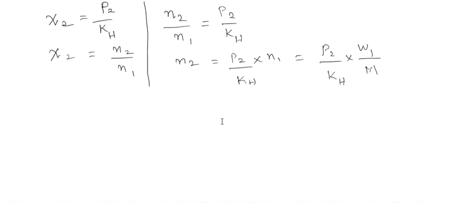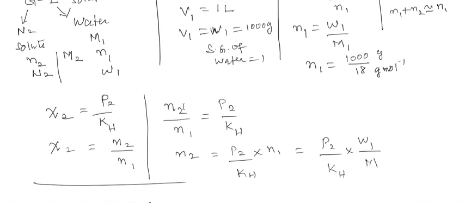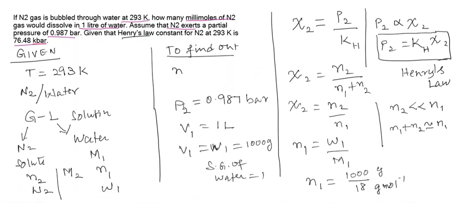Now N2 is equal to, we can substitute P2. What is P2? P2 is nothing but 0.987 bar, is it not? Divided by, and what about Henry's constant value? 76.48 kilobar. So that should be converted. You have to be very careful with regard to units. It is given as kilobar, please indicate that.